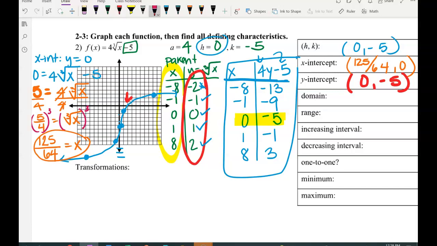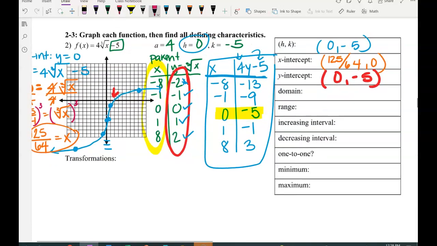Now, as you guys remember, the parent function has a domain of all reals. So this one will also have a domain of all reals, or sometimes we write it from -infinity to infinity. The range is the same, -infinity to infinity. This is an increasing function, guys, because you are hiking up, right? As we're going to the right, the y value gets higher and higher.